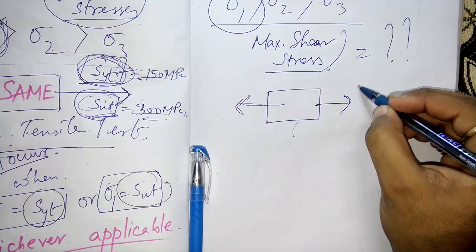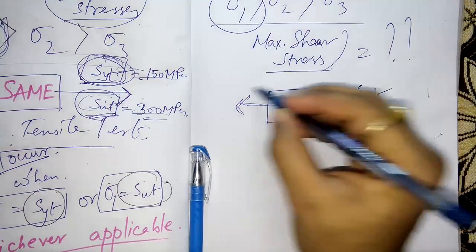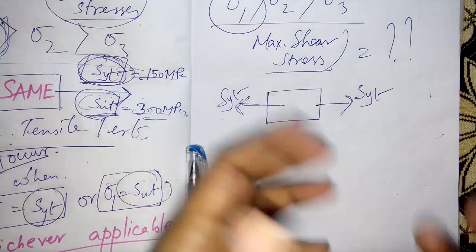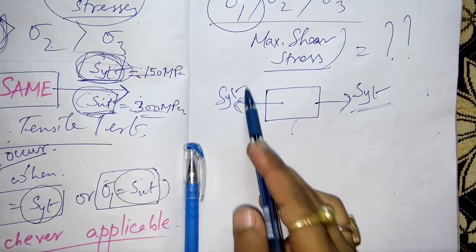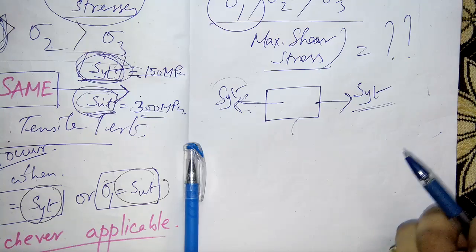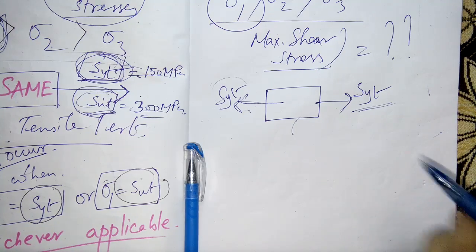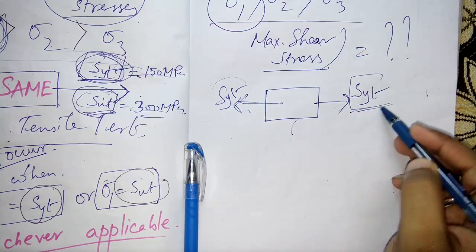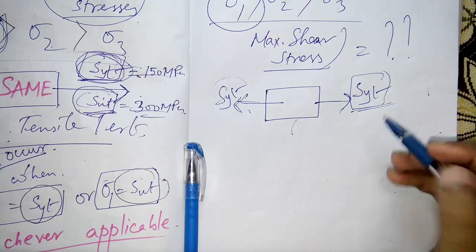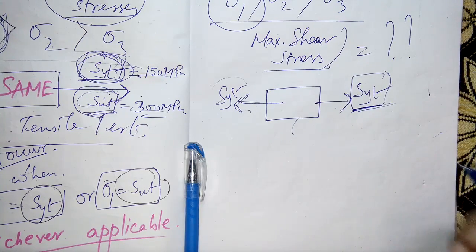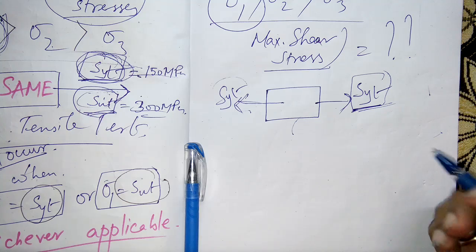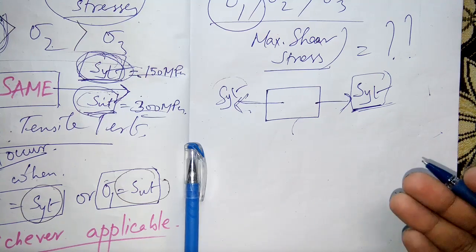And you will observe that at some value of load or strain, a stress is going to be induced that equals the yield strength in tension. That means yielding will start.